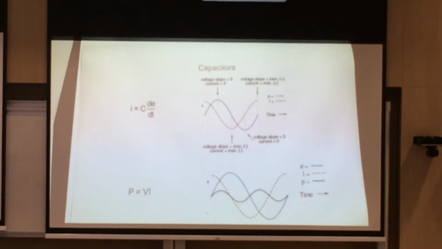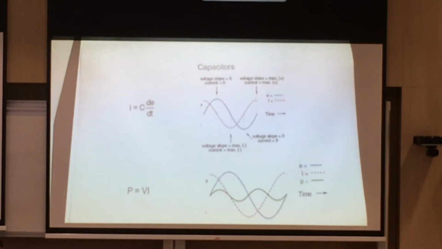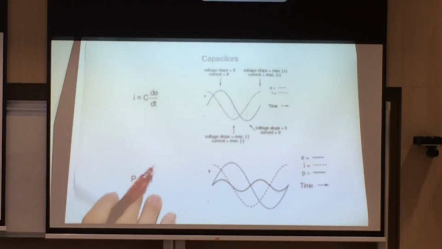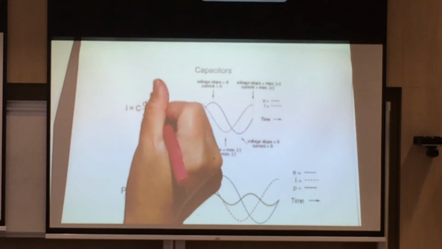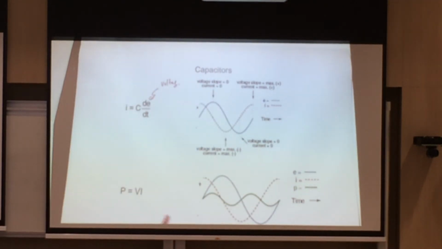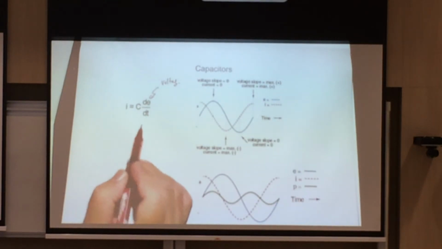Okay. Now, capacitor: the governing equation is this. Your I is equal to C dE/dt, where E is the voltage. As a result, you are seeing this.